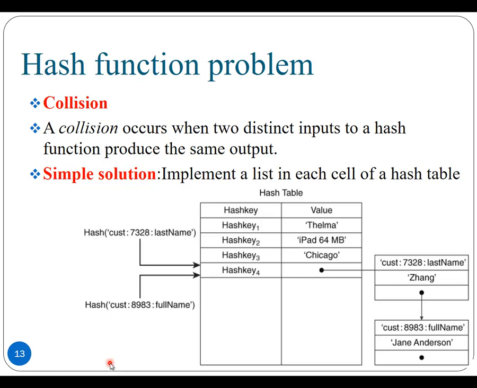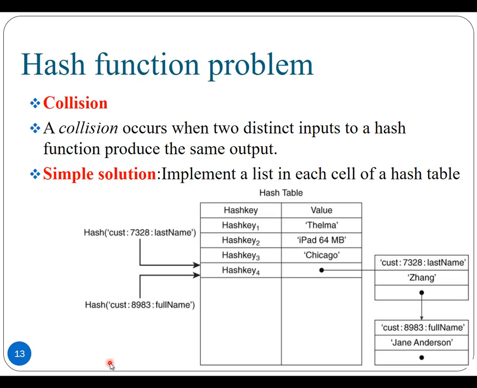Now, sometimes the hash function gives the same address for different inputs. Okay, I give the hash function different inputs, but it gives us the same address. That's called collision. And for the collision, we have different methods to handle it.